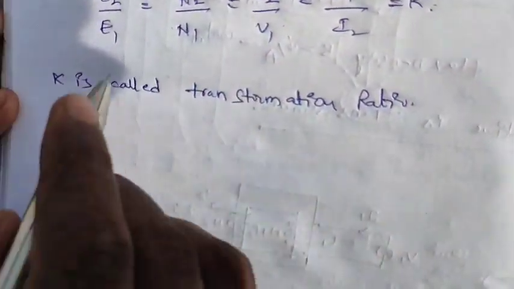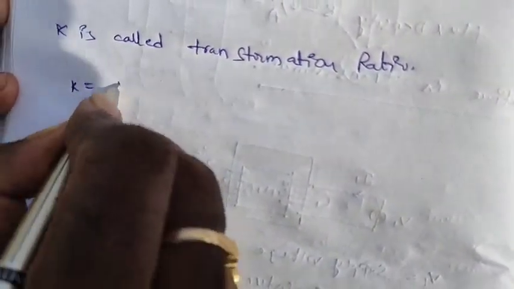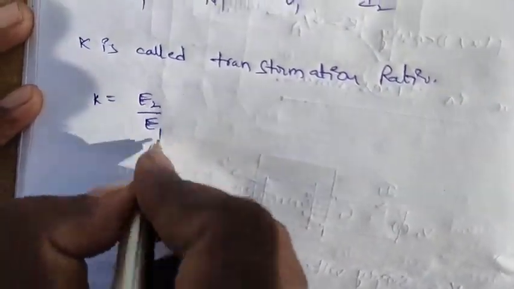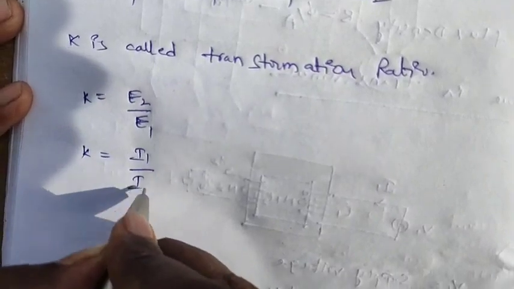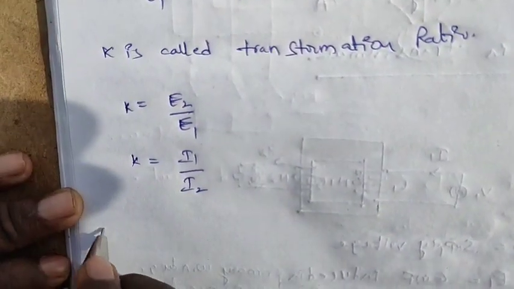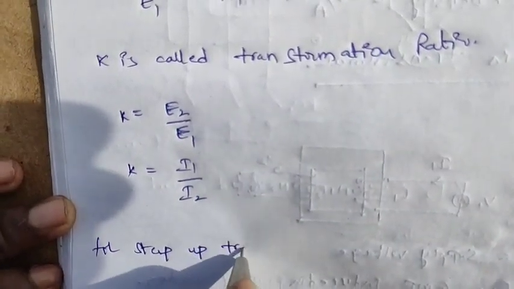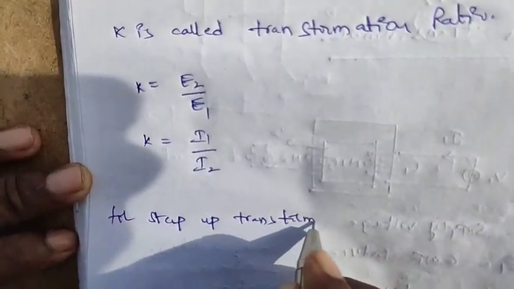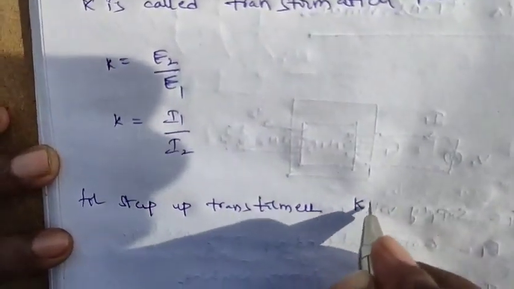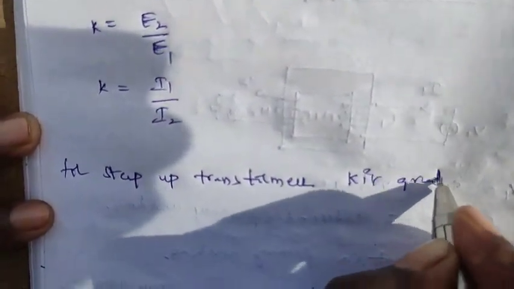K equals, in terms of voltage, E2 by E1, and in terms of current, I1 by I2. For a step-up transformer, K is greater than 1.